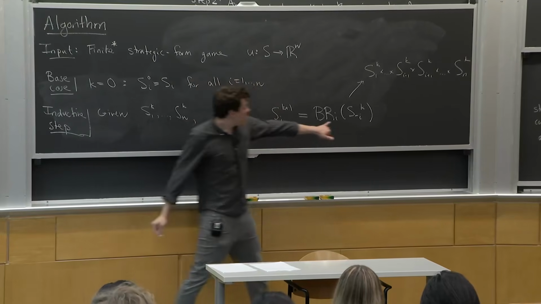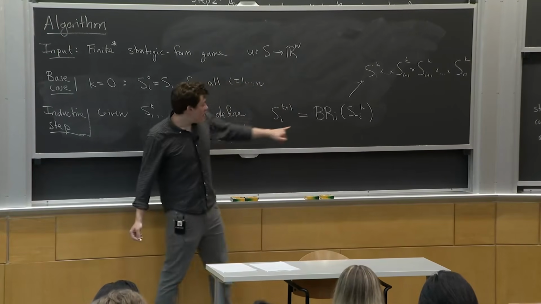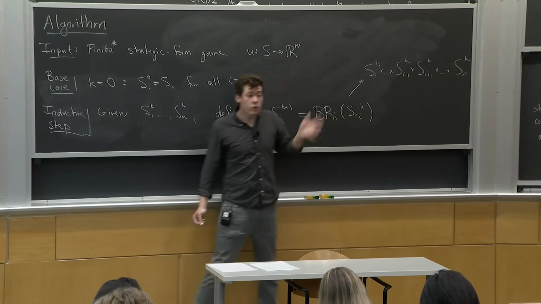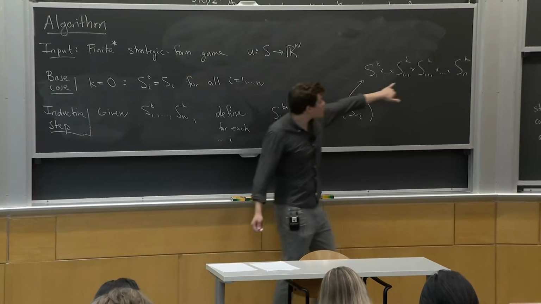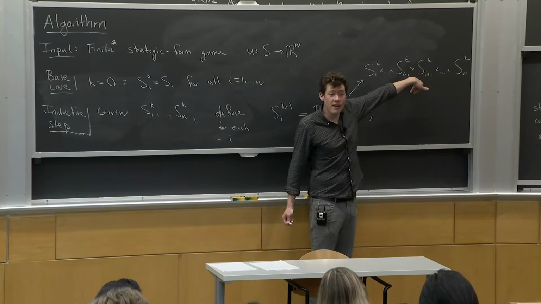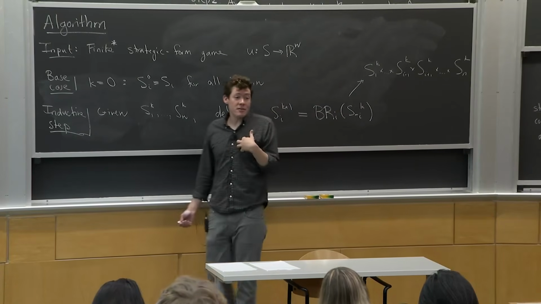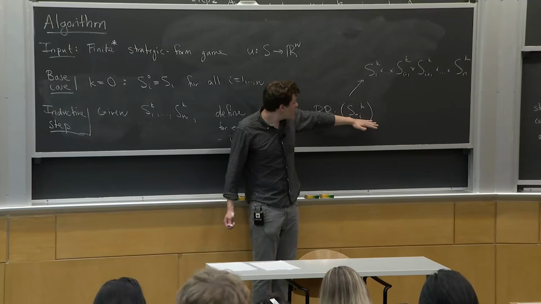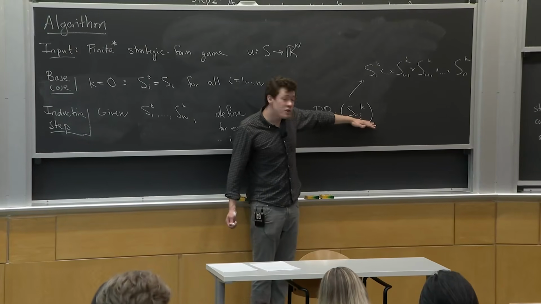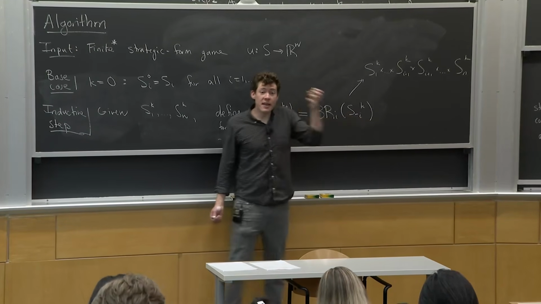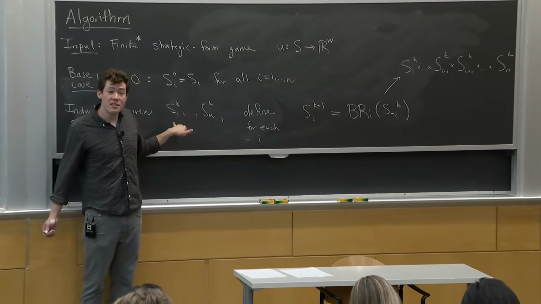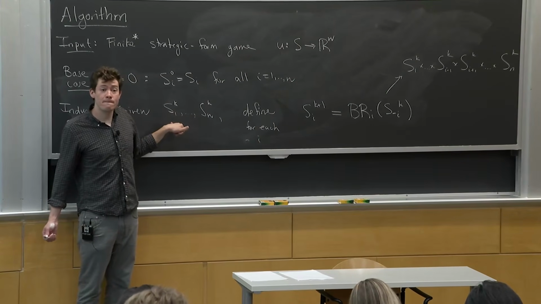All it means is I know the strategy set at the kth round for each of my opponents, and I just want to put all those together, making sure to skip myself, because I'm player i and I don't need to form beliefs about my own strategies. So this is, exactly, the set of strategy profiles of my opponents such that each player's strategy in that profile lies in the corresponding strategy set that we got at the end of round k.